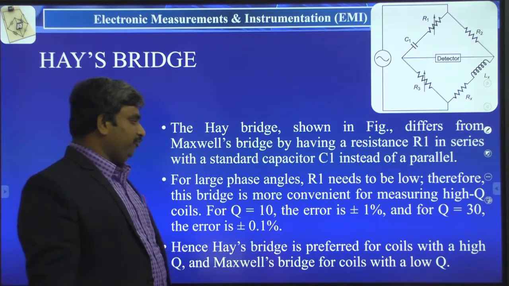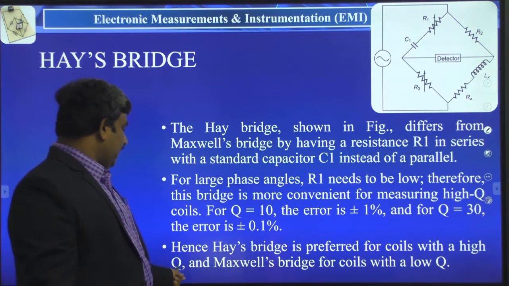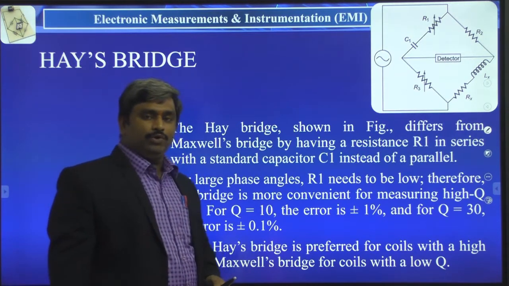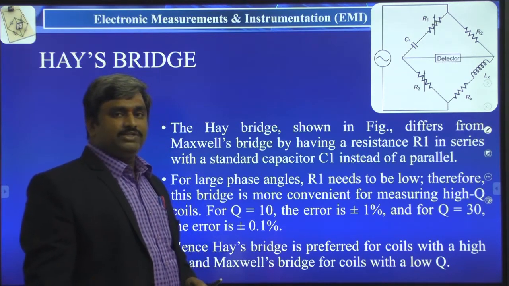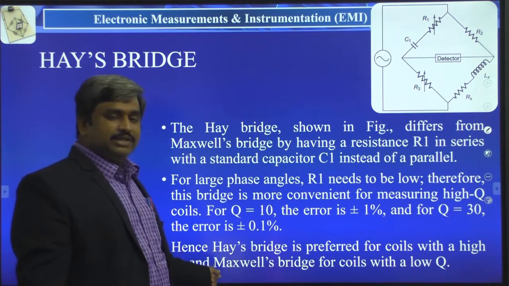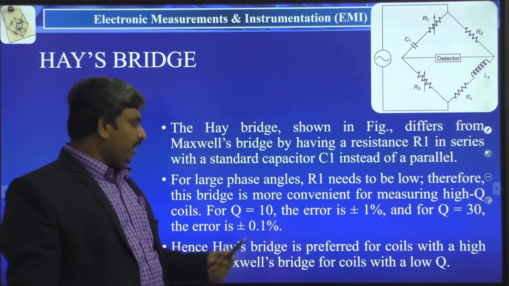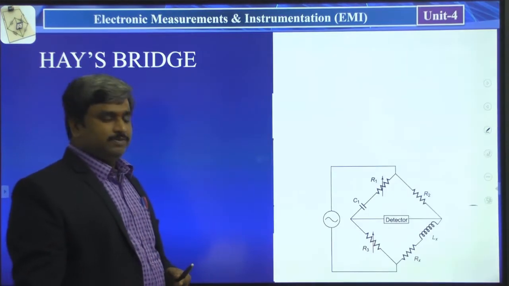Hayes bridge is preferred for coils with a high Q, and Maxwell's bridge for coils with a low Q. Inductive coils with very low Q values suit Maxwell's bridge, and those with high Q values suit the Hayes bridge.